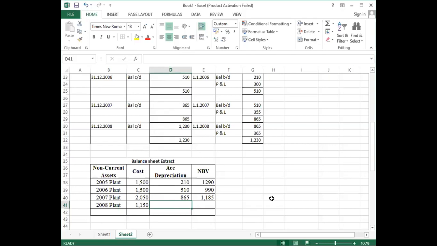So what is the total of accumulated depreciation for this year? 365, no. 330, no. What is the total accumulated depreciation? Is it 1230? It is 1230, right?